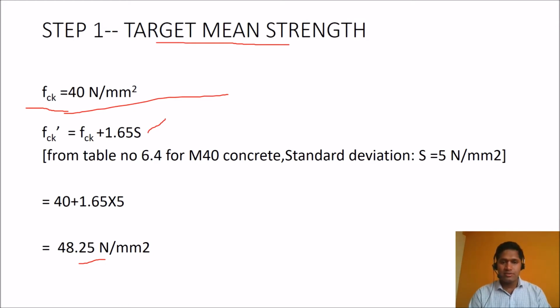Once you get the 30 samples, you have to calculate the standard deviation, though it can be initially assumed as per table number 6.4 of IS 10262. You can assume it and put it. For grades of M40, above M25, it is taken to be 5. So 40 plus 1.65 into 5, you will get 48 MPa or 48 Newton per mm square.